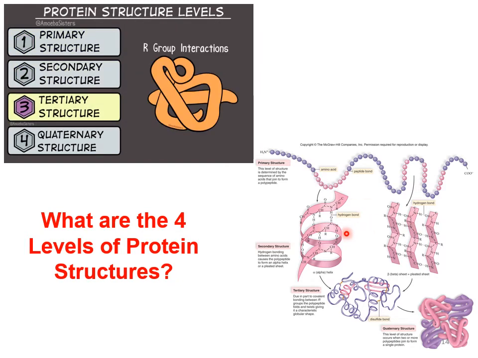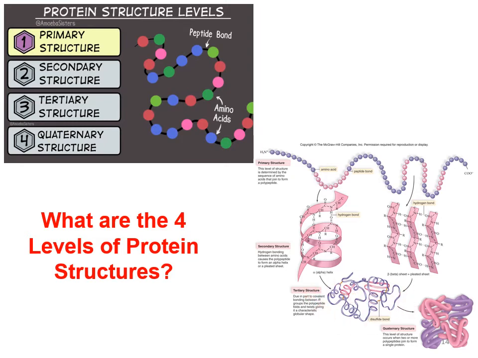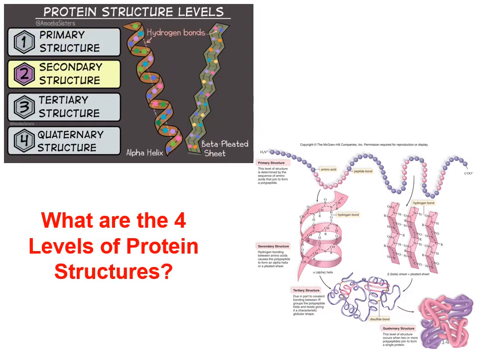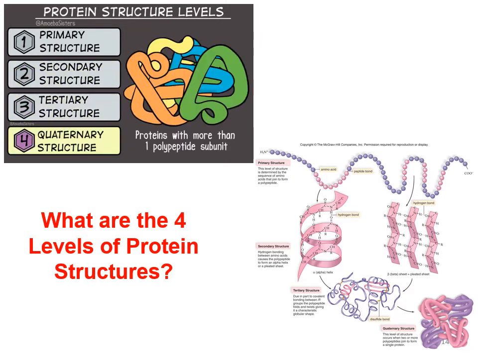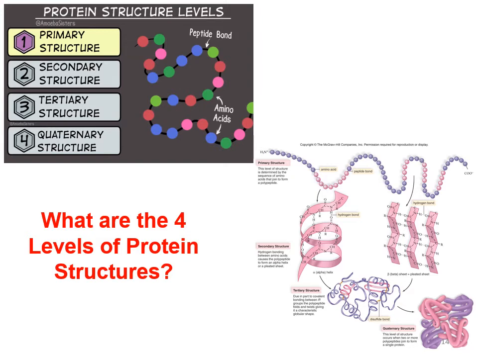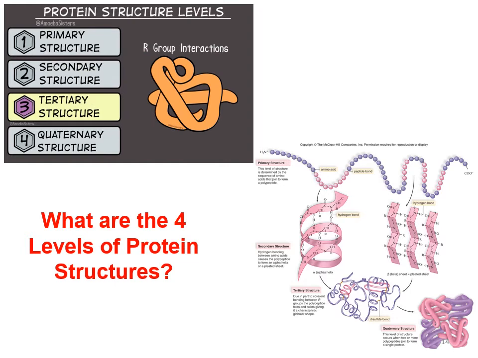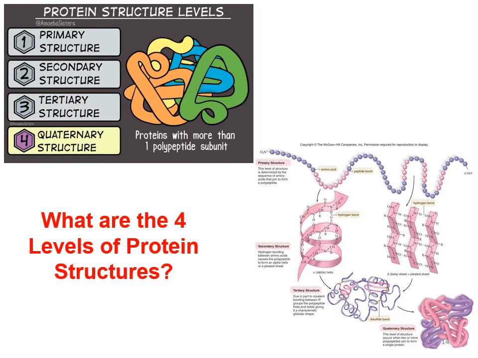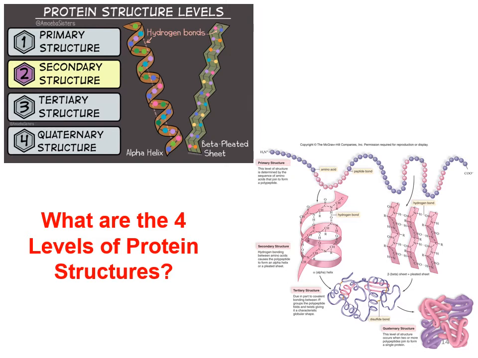When you have multiple alpha helices interacting with multiple beta sheets, this is now tertiary structure. They also call it a globular structure. Then when you have multiple of those globs, multiple of those little proteins interacting together as multiple subunits, when you hear the word subunits, that tells you you're talking about the fourth level. A lot of times with enzymes, you're looking at the fourth level of structure. Now I recap this on the next slide.